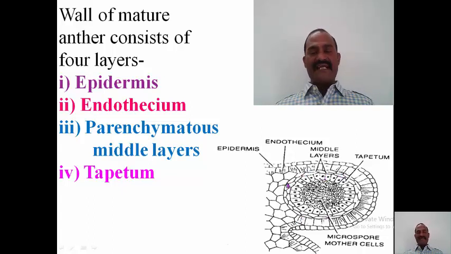The innermost layer is called the tapetum, which in future will nourish the microspore mother cells. So the 4 layers of the anther histologically are the epidermis, followed by the endothecium, then the parenchymatous middle layer, and the tapetum.